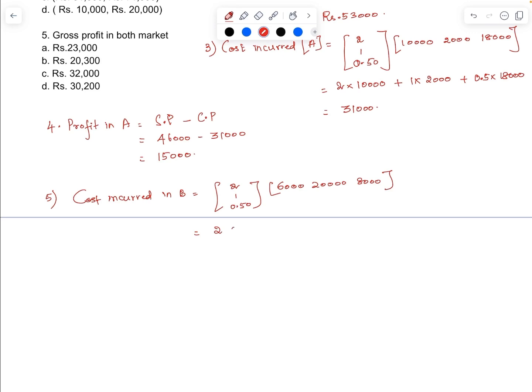That is 2 times 6,000 plus 1 time 20,000 plus 8,000 into 0.50 times, which is equal to rupees 36,000.